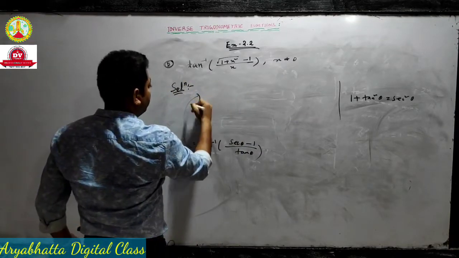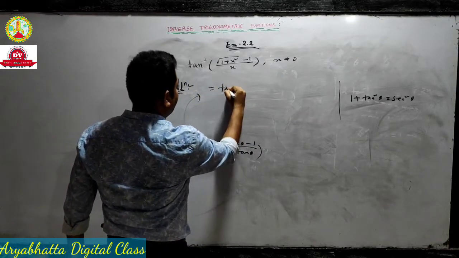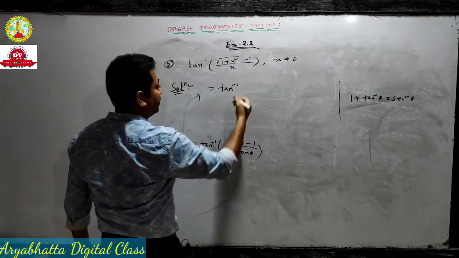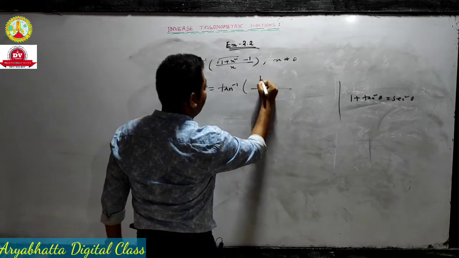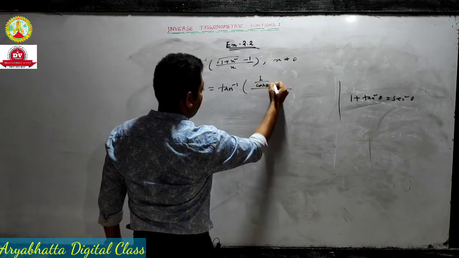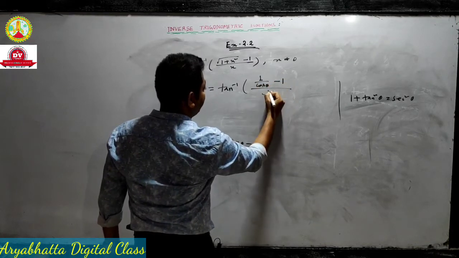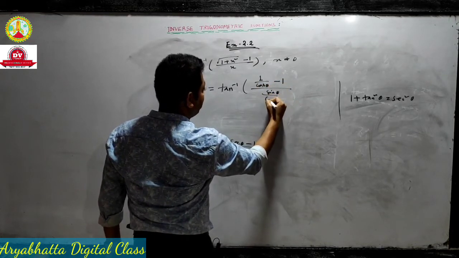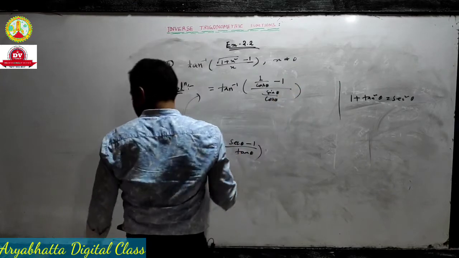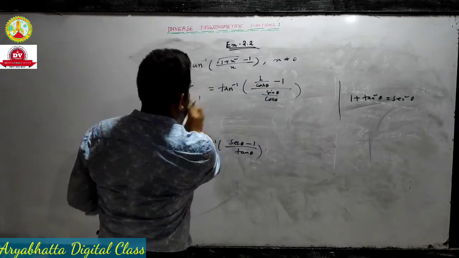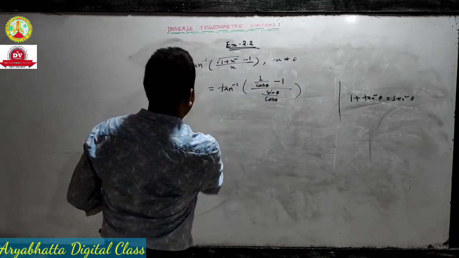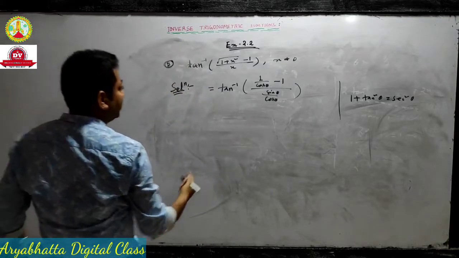This equal to tan inverse bracket start, sec theta equal to 1 by cos theta, minus 1 divided by tan theta is equal to sin theta by cos theta. From the trigonometric formula, tan theta equal to sin theta by cos theta and sec theta equal to 1 by cos theta.